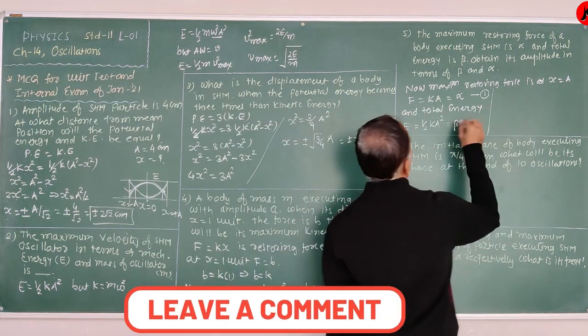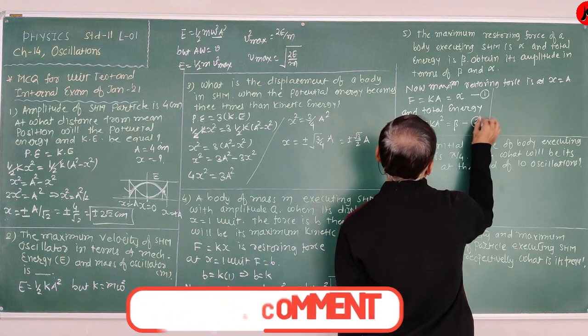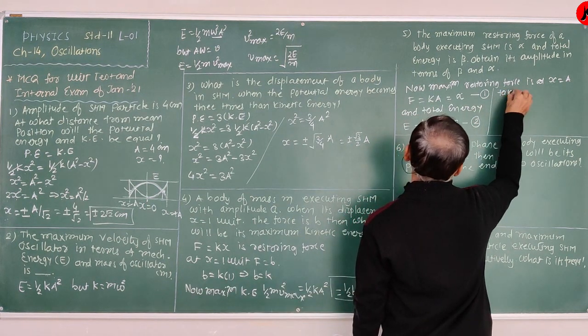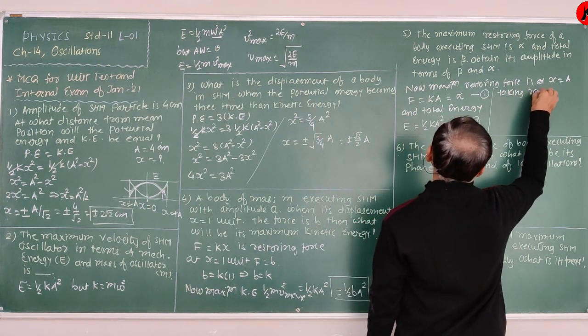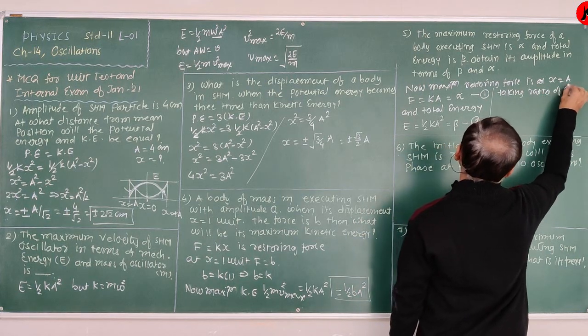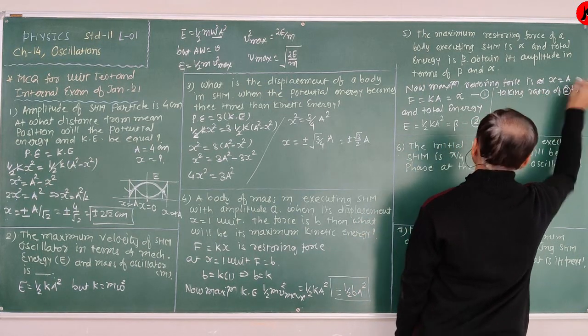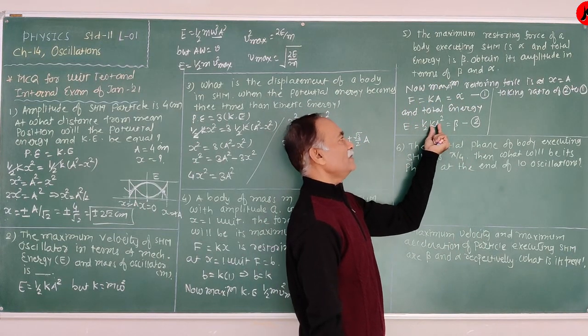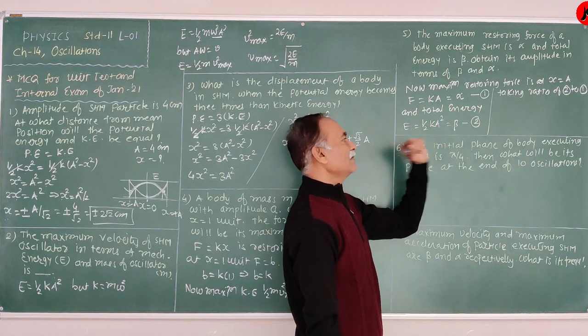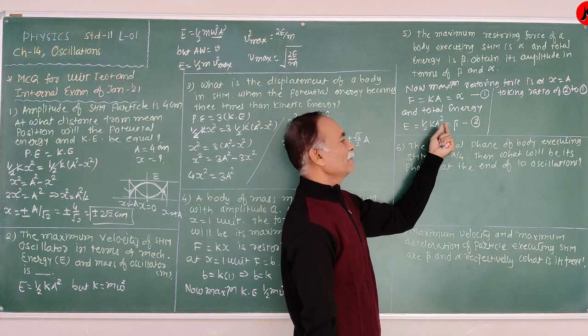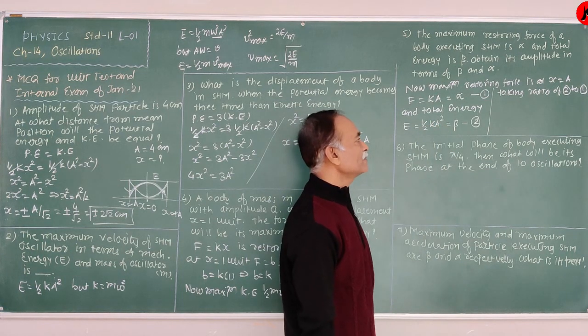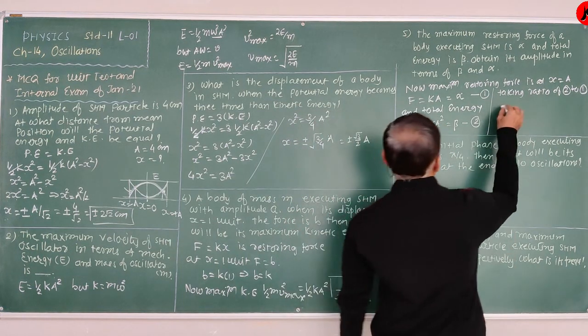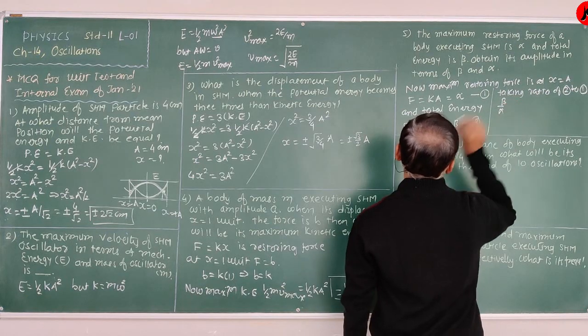Now, taking ratio of 2 to 1, or in other words, we can also say beta is equal to half k into A. k is equal to alpha. So half alpha into A. Half alpha into A. Or in other words, this way, beta upon alpha.